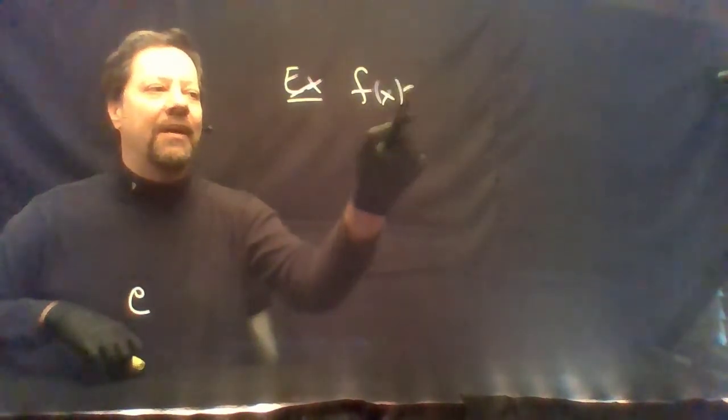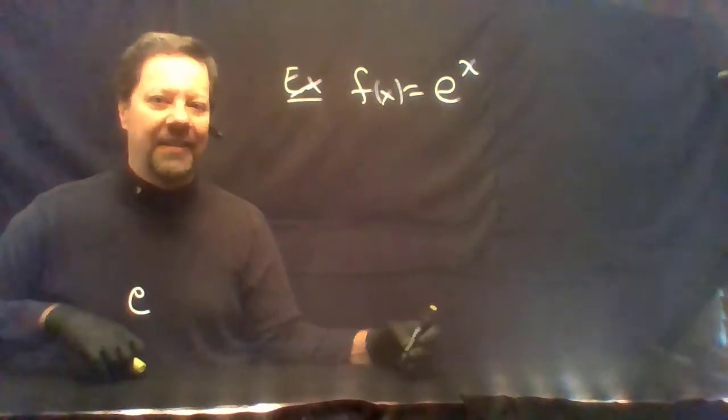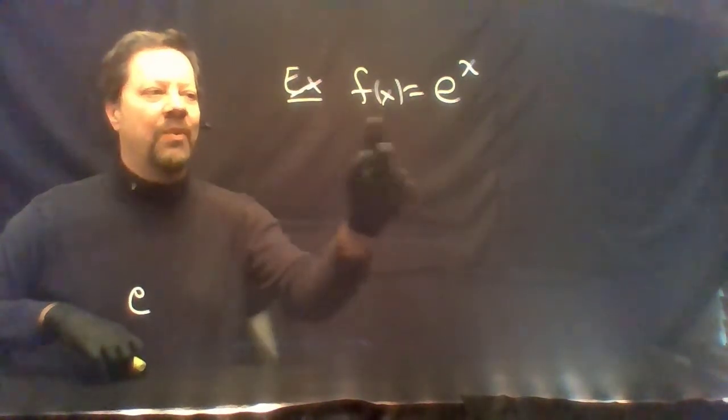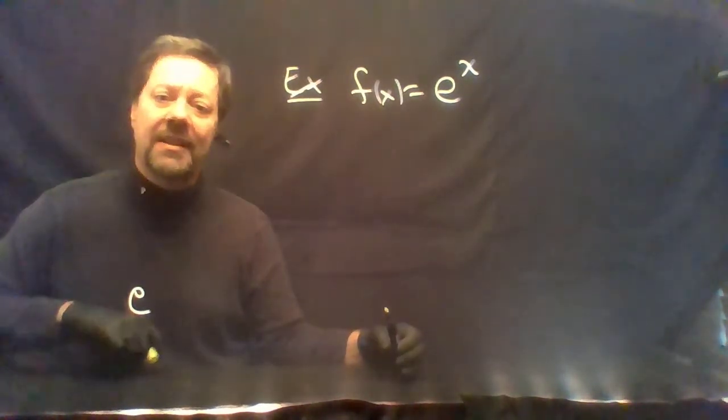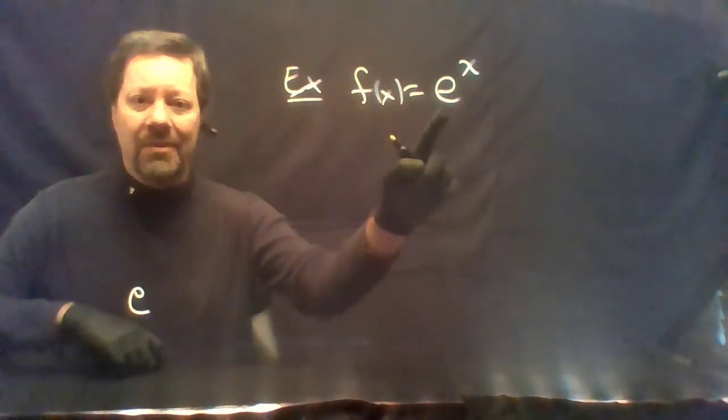The number e we've seen is a transcendental number. The function that we're going to talk about is the function e to the power of x. We want to calculate the derivative of this exponential function with the so-called natural base.